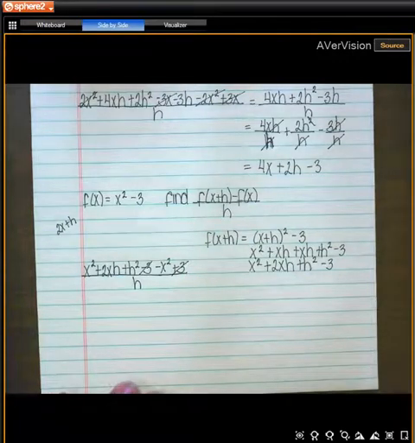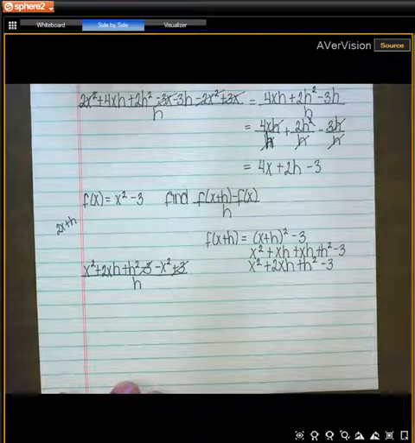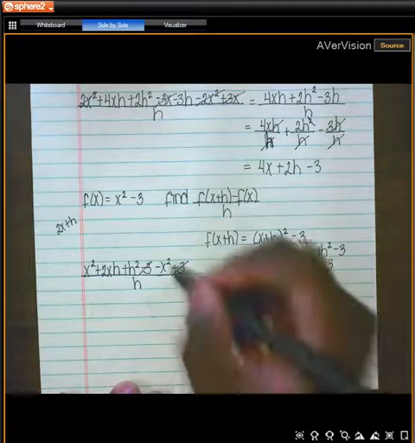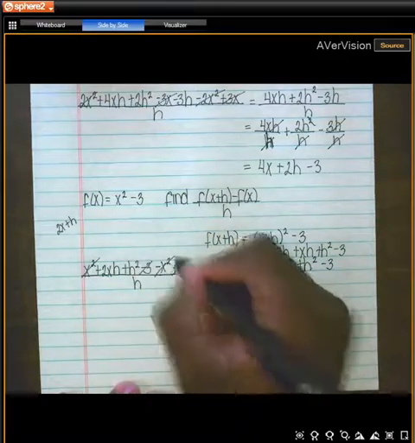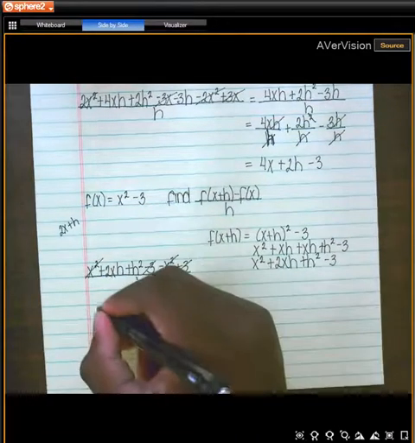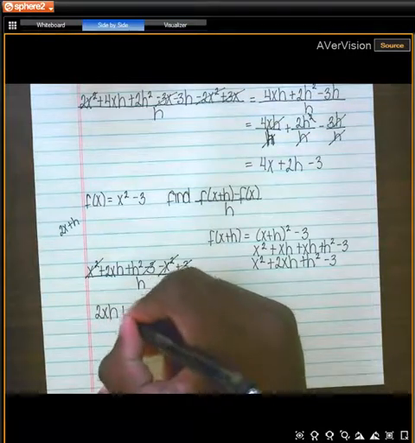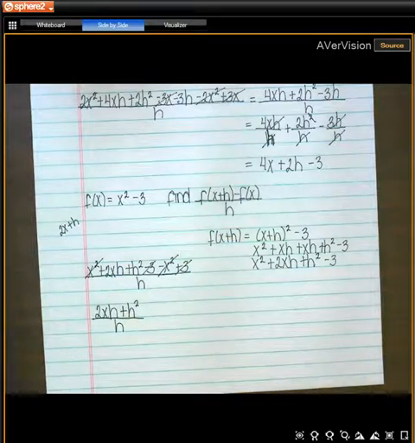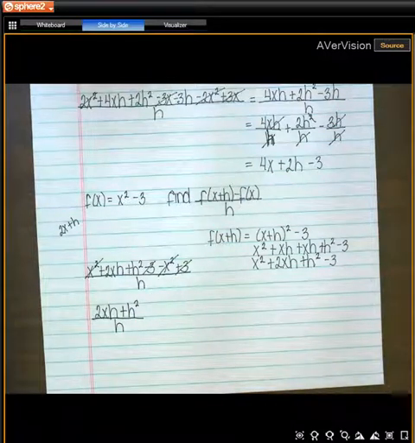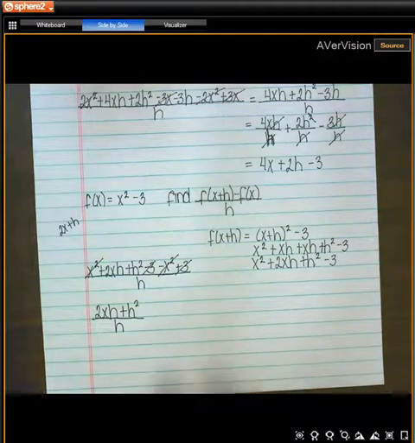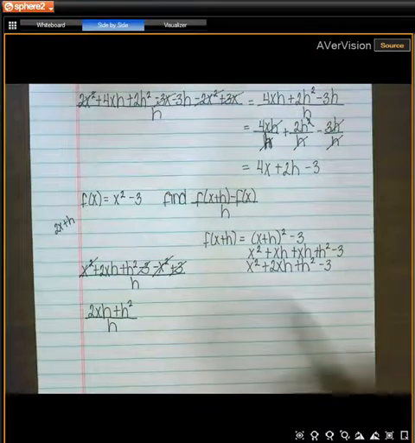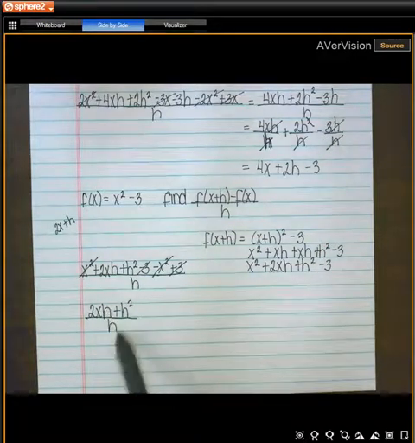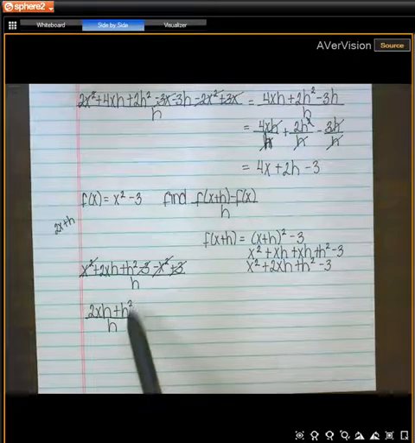Anything else? And we're left with 2xh plus h squared divided by h. If we split it up like we did up here, we'll see that one of these h's goes away, and then one of the two from here goes away.